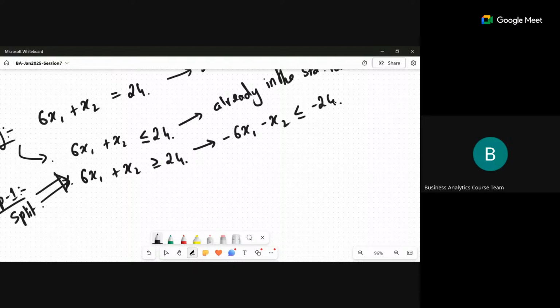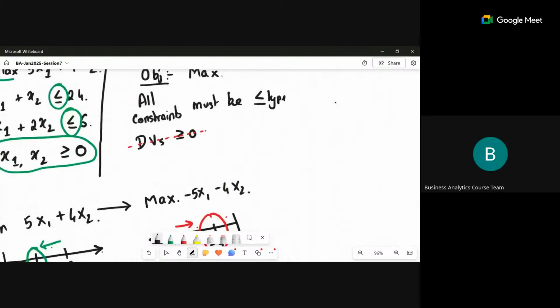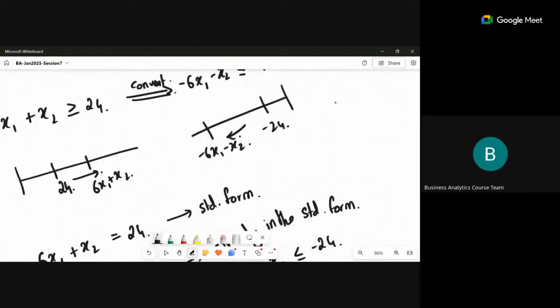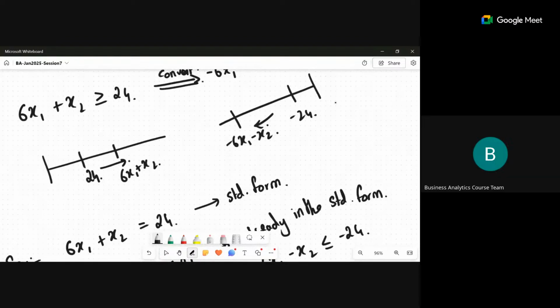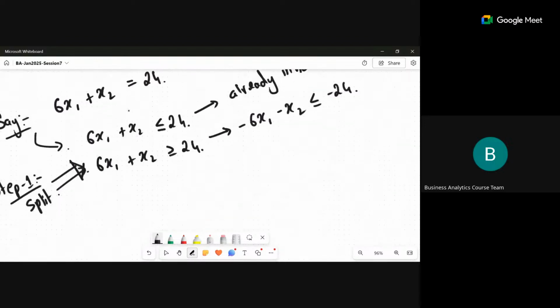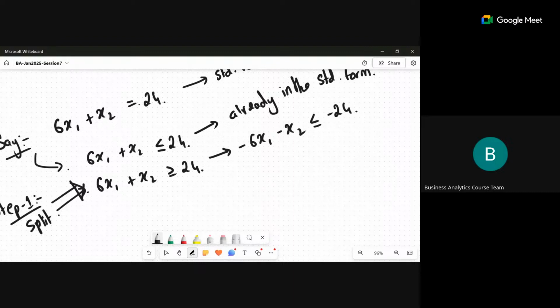That is all. So always remember, when you are converting to a standard form, if the equation is of the greater than or equal to type, you multiply it with minus 1 and keep the equation. If it is of the equality type, you will basically be replacing that one equation with two equations and then convert the second equation, which is of the greater than or equal to type, to the standard form by multiplying with minus 1.